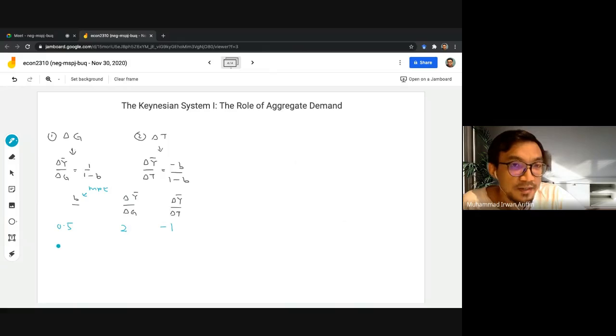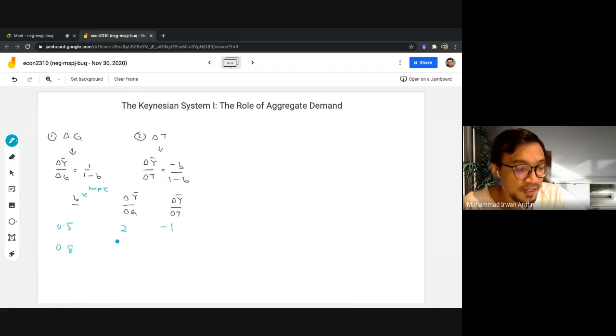What if the marginal propensity to consume is higher? Let's say in the second example, the society spends 80% of their income. What is going to happen to the government expenditure multiplier?